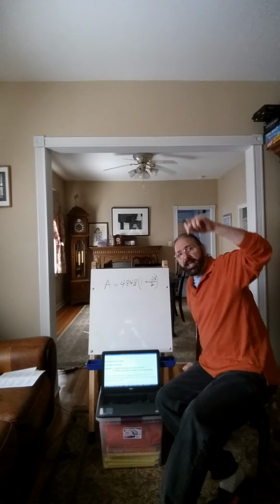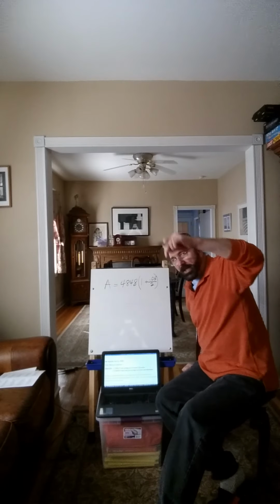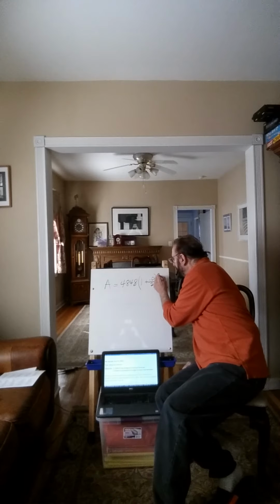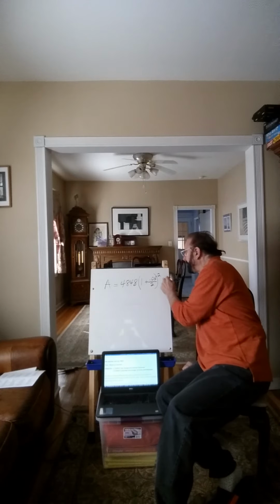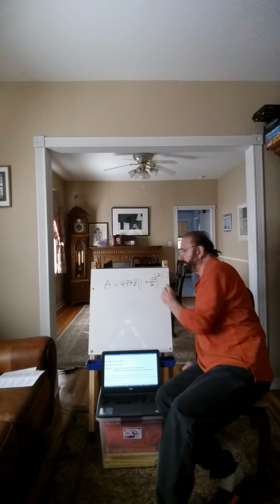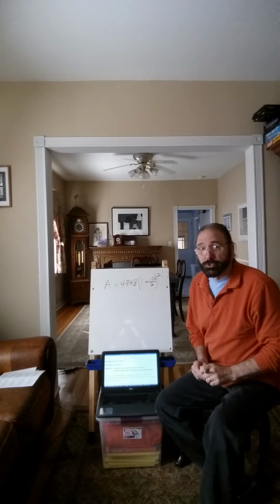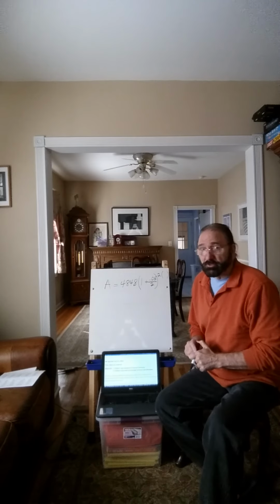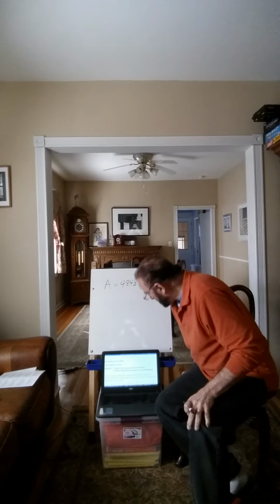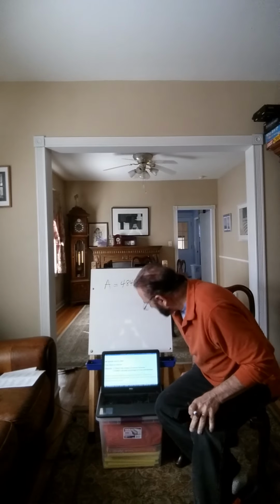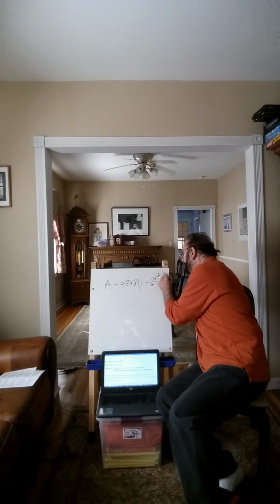And then we have NT up here. The N is still 2, but the T is the number of years of the term. The term in this case, what did we say here? 6 years. So I'm going to put a 6 here.